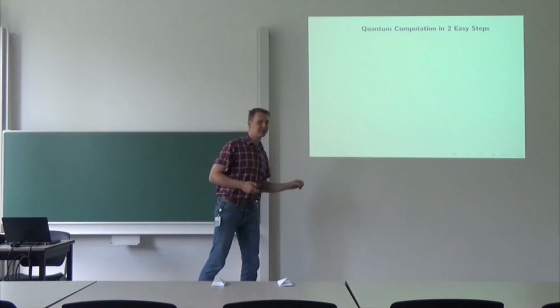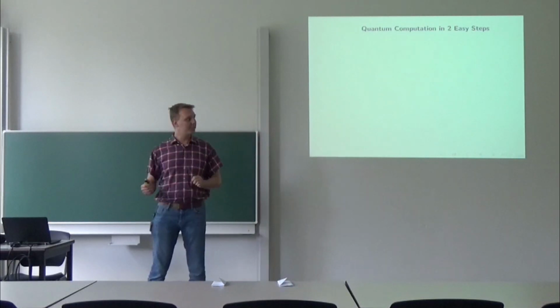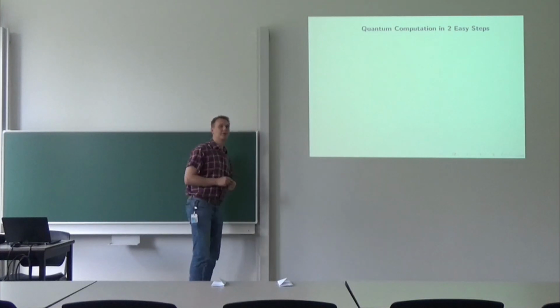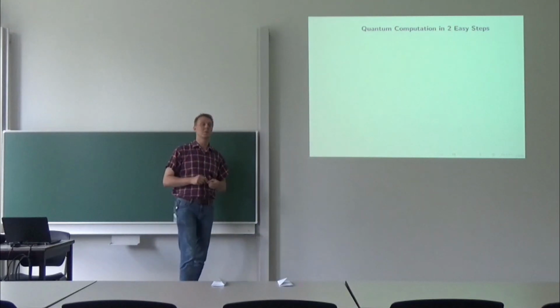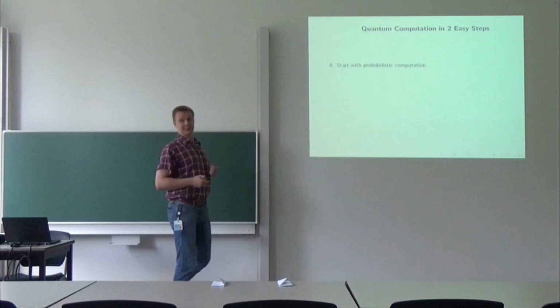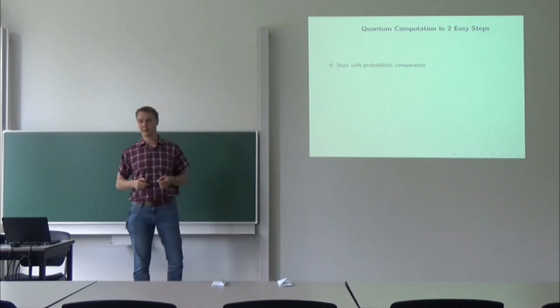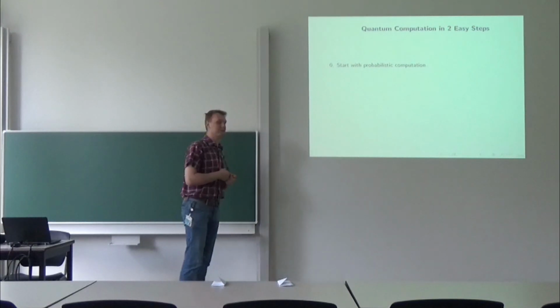So probabilistic computation and quantum computation are really very similar, and that enables you to quickly grasp the essence of quantum computation with only 2 very small steps. Step 0 is you have to start with probabilistic computation. You cannot just start with deterministic computation.